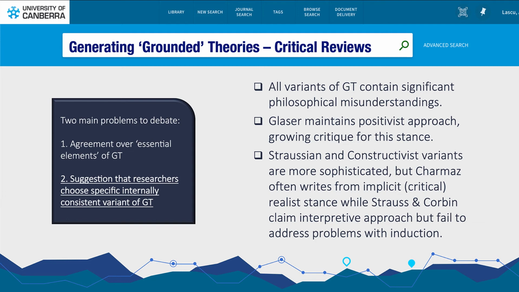But Charmaz often writes from an implicit critical realist stance, and Strauss and Corbin claim an interpretive approach, but fail to address the problems with induction. So there's a lot of gaps in our understanding of grounded theory and the techniques that govern its use.